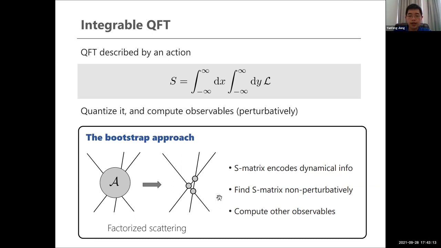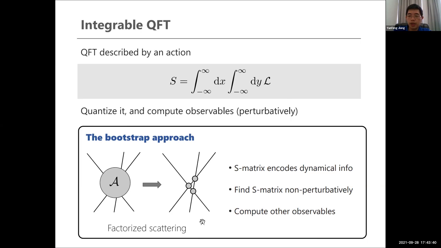If we can find this 2 to 2 S matrix non-perturbatively, then there's a hope we can solve this theory, and we can use the S matrix to compute other observables, like the finite volume spectrum and the correlation functions. So this is the logic. We will focus on the S matrix.